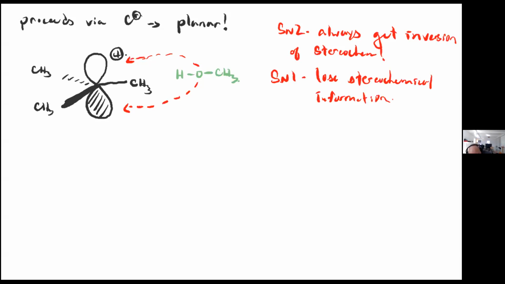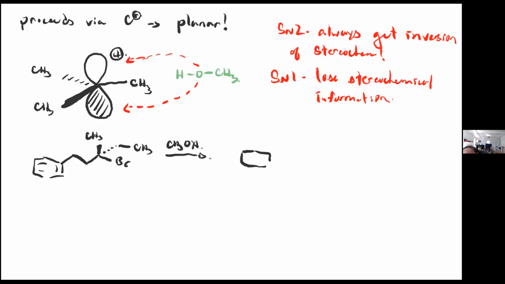But if you had a tertiary substrate that was chiral, just to make it a little more interesting, if you had a substrate like that, a single enantiomer, and you ran the SN1 reaction, you would form the product, but it would be a mixture of enantiomers.